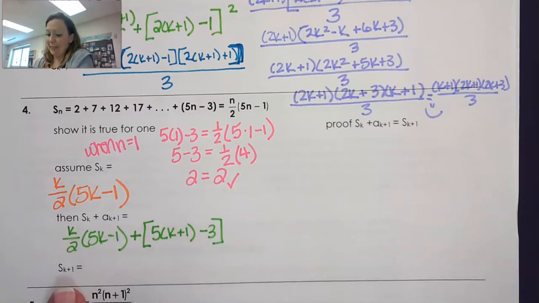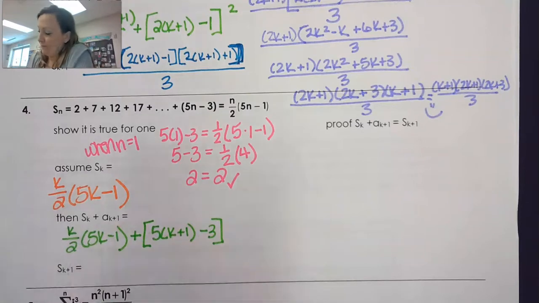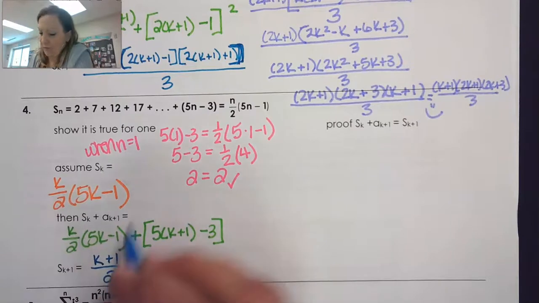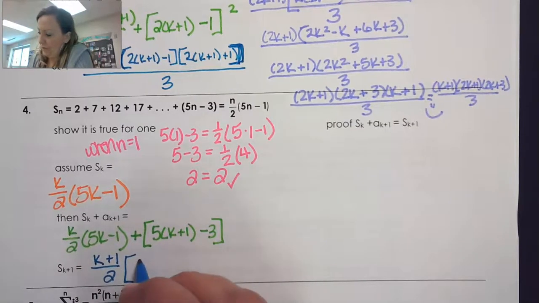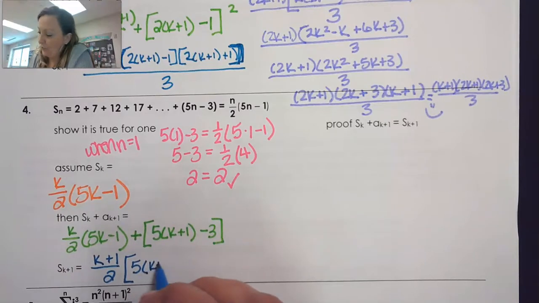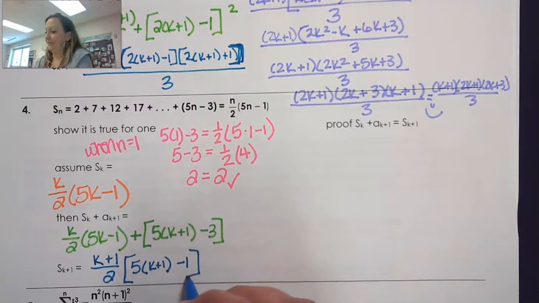And then your S sub k plus 1 would be k plus 1 over 2 times 5 times the quantity k plus 1 minus 1.